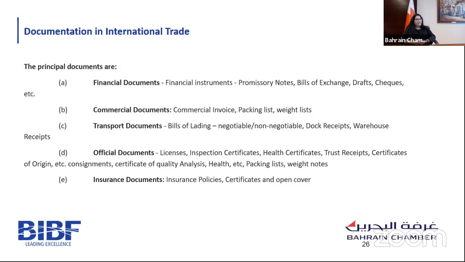Make sure that when you ask for such health, quality, or quantity certificates, you always add the word official or independent or competent against that. If you do not add it, then the inspection certificate can be signed by your exporter. Then the purpose of the health certificate or an inspection certificate will not be there.